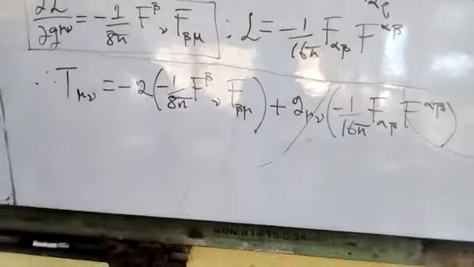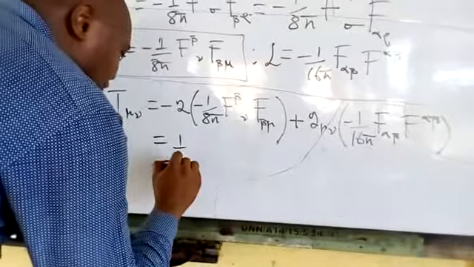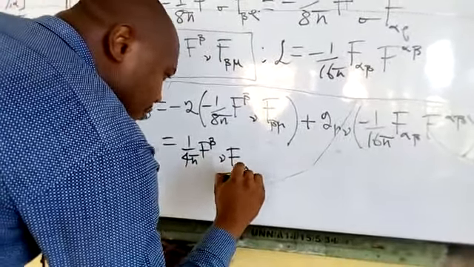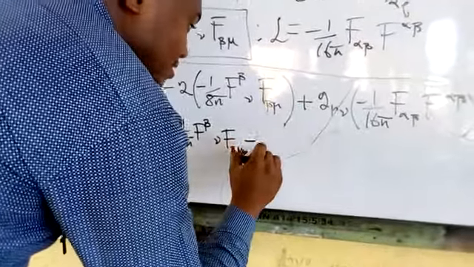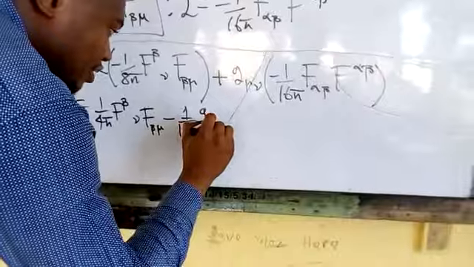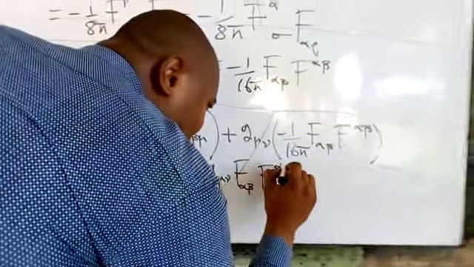Okay. At this point in time, we've got a cancellation. This is going to give me 1 over 4 pi of F beta nu, F beta mu. But then again, it will be minus 1 over some 16 pi, and I'm going to have g sub mu nu, F here, alpha beta, F alpha beta.